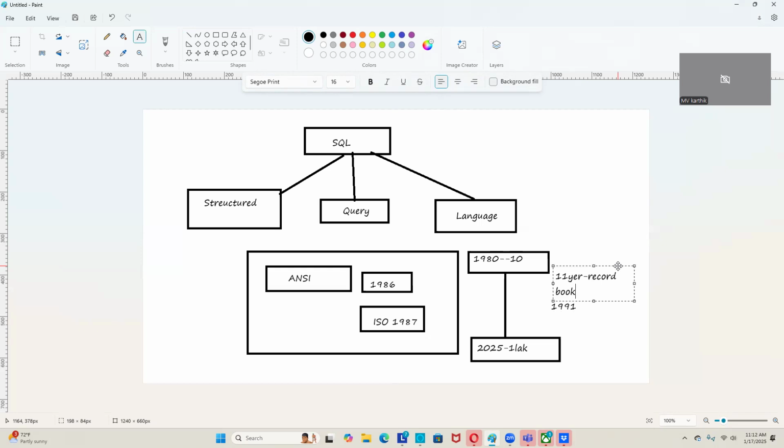So this is the current scenario. To check the record books, they maintain racks in colleges or organizations. The record assistant goes and searches year-wise through the racks, and searches the entire book manually.